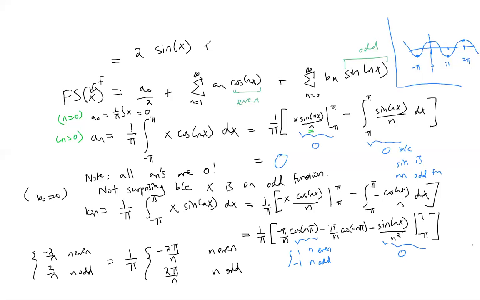So sine of 2x will be negative 1. Sine of 3x will be 2/3. Right, just using this formula right here. Sine of 5x will be negative 2/5, and so forth.